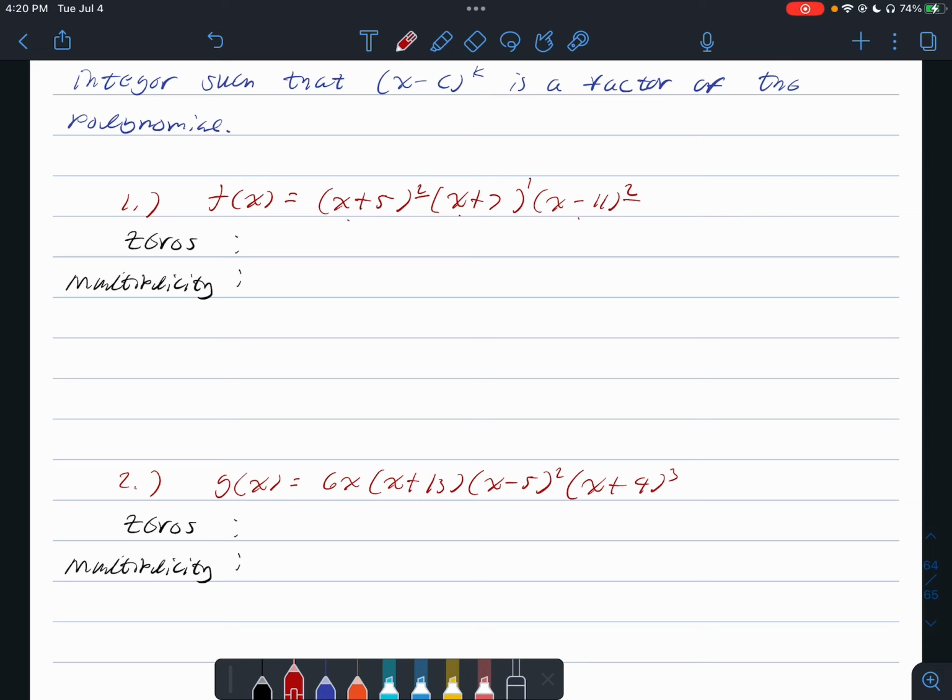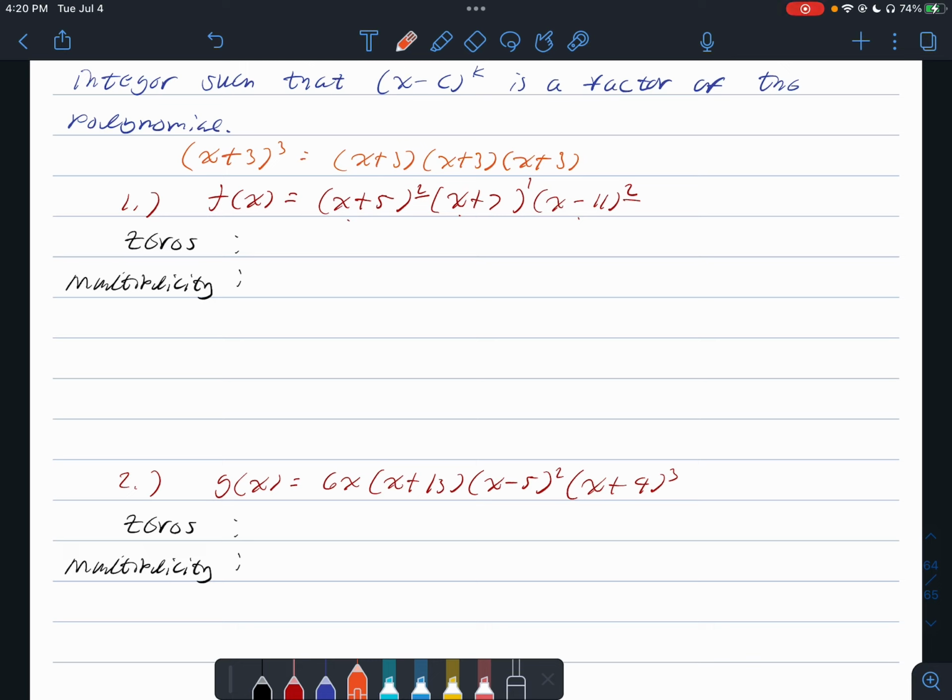To see why we can think of it as a multiplicity, if we have (x plus 3) to the third, this is really (x plus 3) times (x plus 3) times (x plus 3). So you can think of it as there being 3 zeros at negative 3, so to speak. That's not quite right, but it's how you could think of the multiplicity. There are 3 instances of (x plus 3) here.